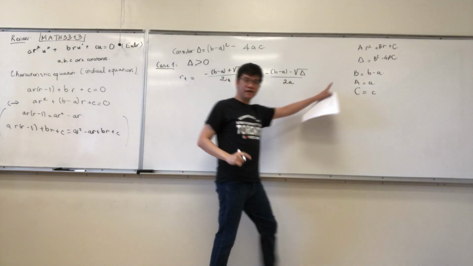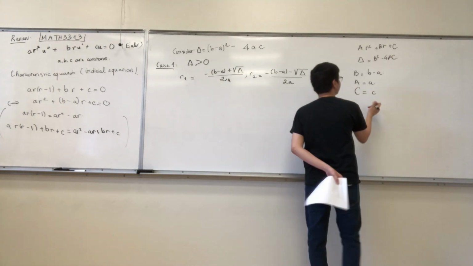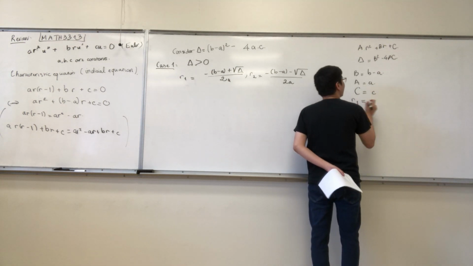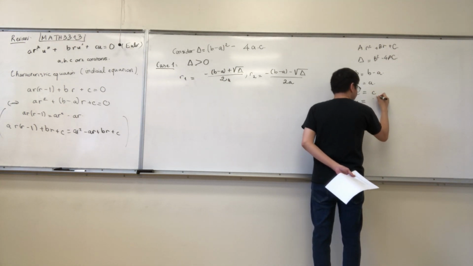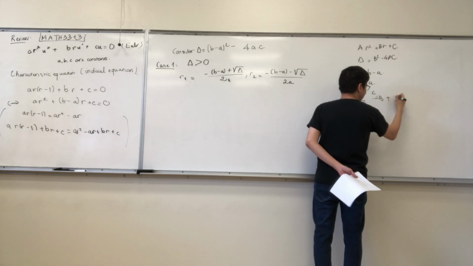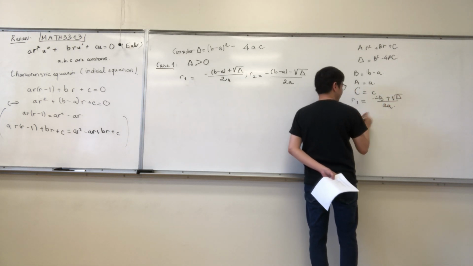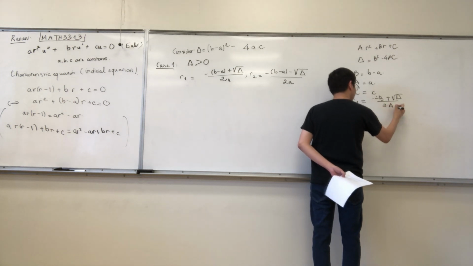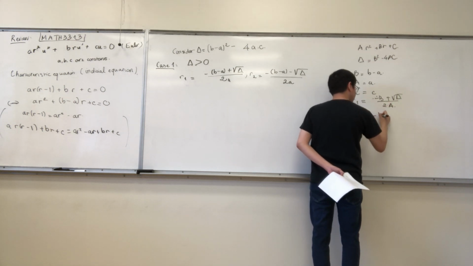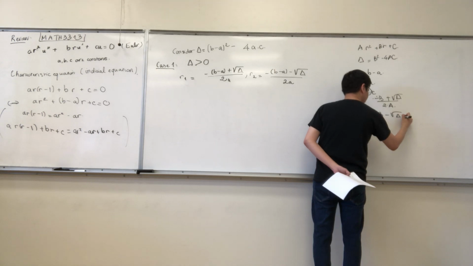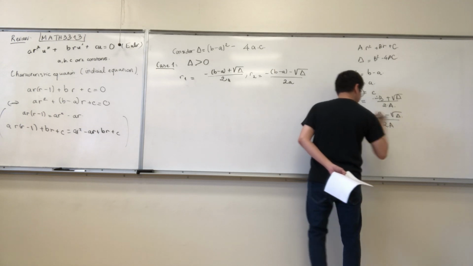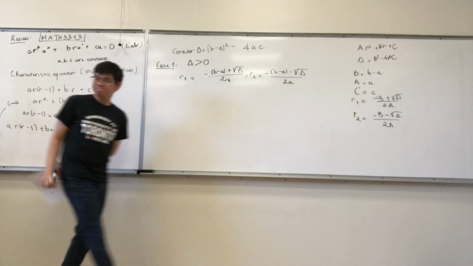All right. So in this case, the two roots will be R1 is minus B plus square root of delta divided by 2A, capital A, and this one is minus B minus square root of delta divided by 2A.